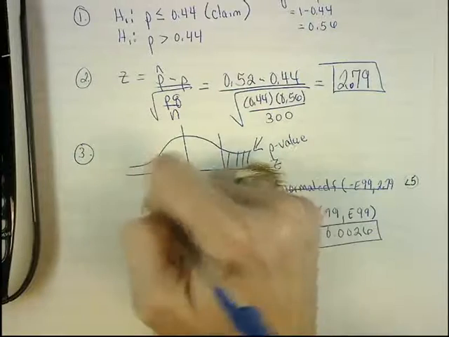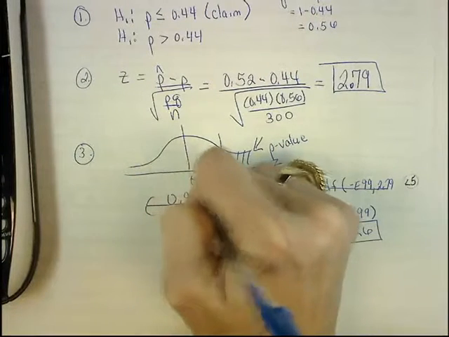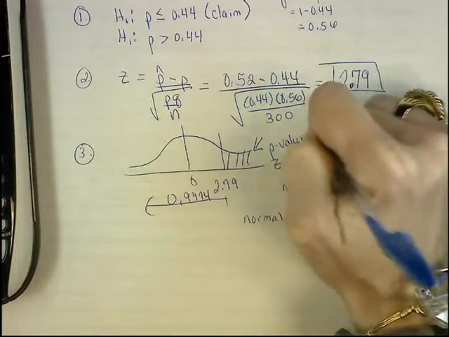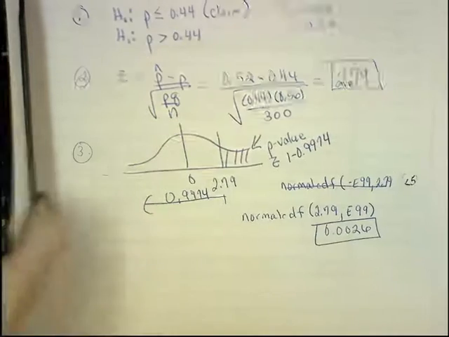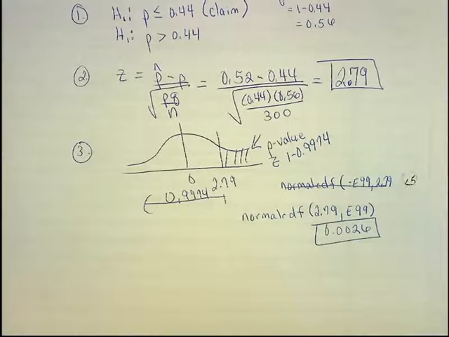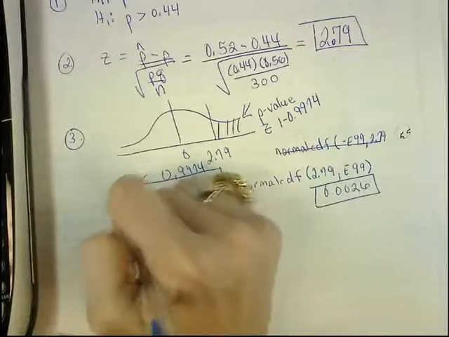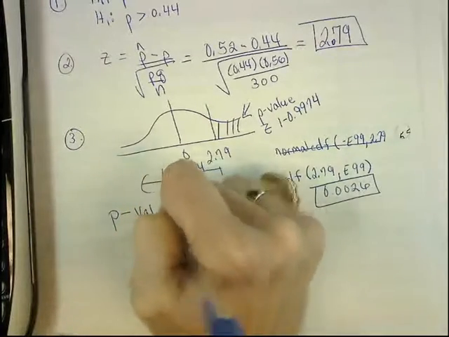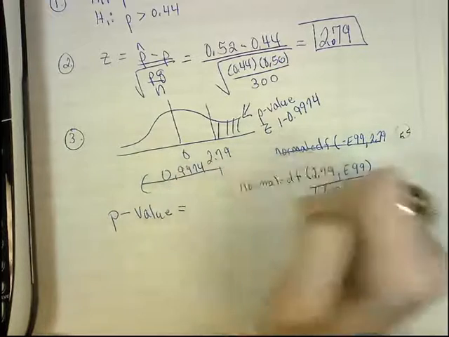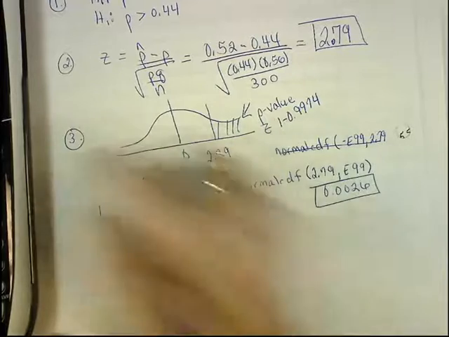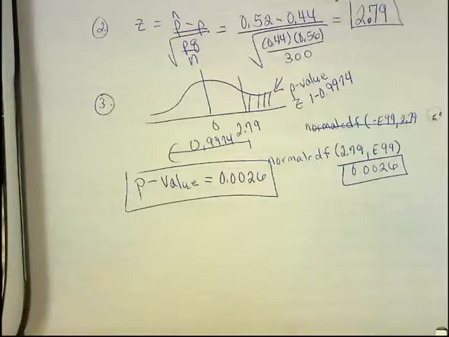That's this. Therefore, this p-value is 1 minus 0.9974. And that should give you 0.0026. Regardless of how you do it, by hand, by calculator, by table, normal CDF, you get 0.0026 for your final answer for p-value. Calculator and by hand agree.